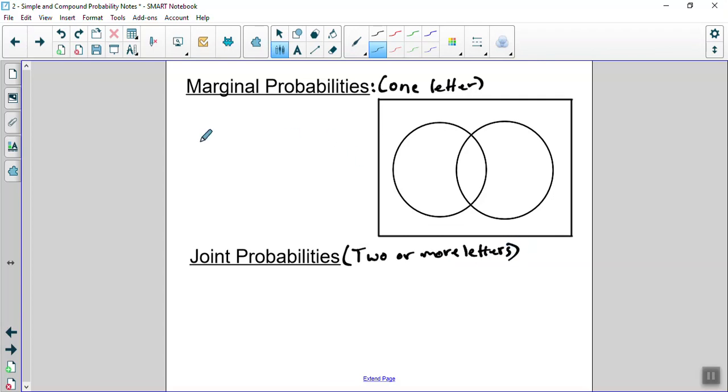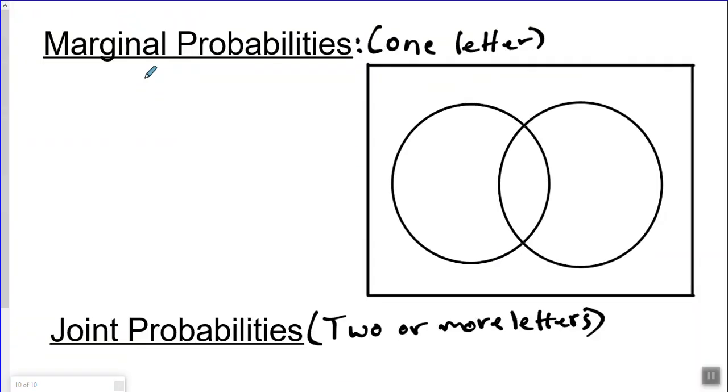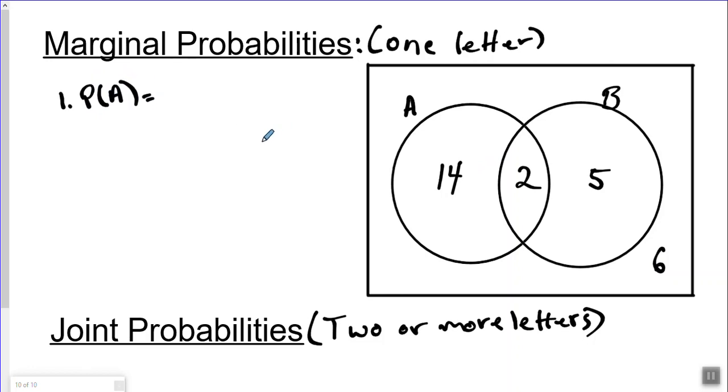So let me show you exactly what I'm talking about. I'm glad you've already had some practice with Venn diagrams, because this is going to make a little bit more sense to you now. So let's just say that I put a 14, 2, 5, and 6 in this Venn diagram, and I asked you, what is the probability of A? Well, the probability can't be found until you have the total, right?